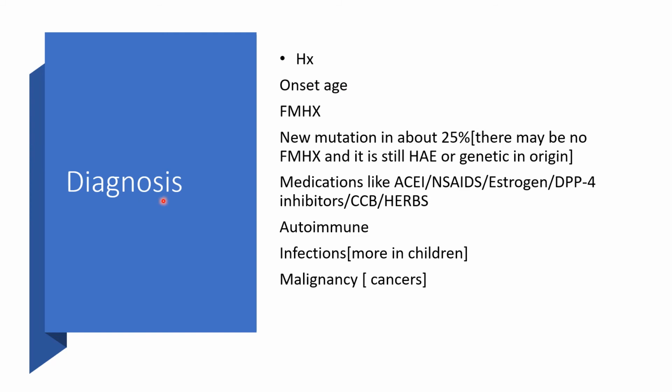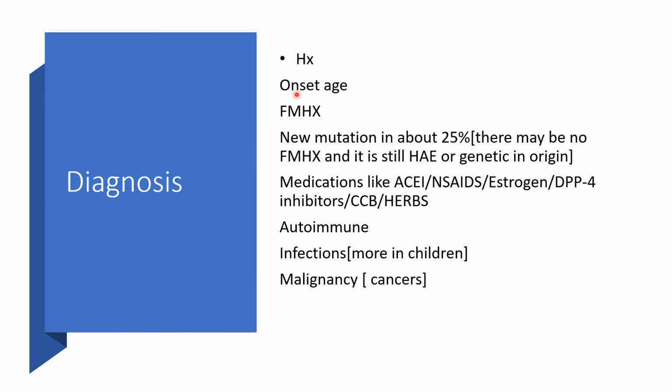Now, the diagnosis fully. We have to take a thorough history. The history will start by asking, is this the first time? And if it's not, when was the first time? So the onset at what age?